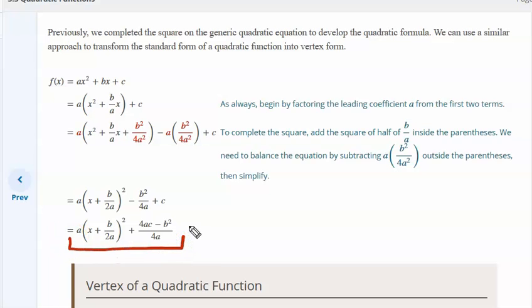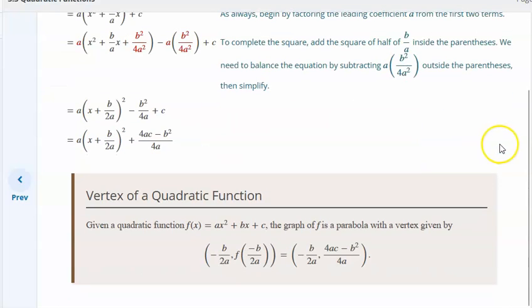And I'll raise it so you can actually copy it into your notes. You don't need to show the derivation of this, but there it is.